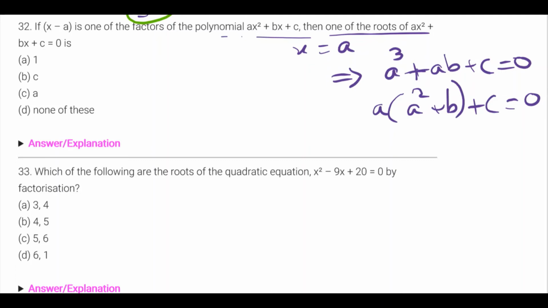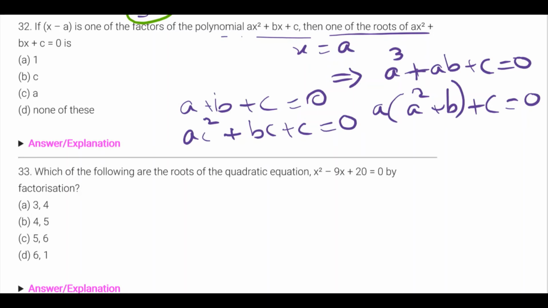If I substitute 1 in the equation, I have a plus b plus c equals to 0. If I substitute c, ac square plus bc plus c equals to 0. And if I substitute a, so I have a cube plus ab plus c equals to 0.